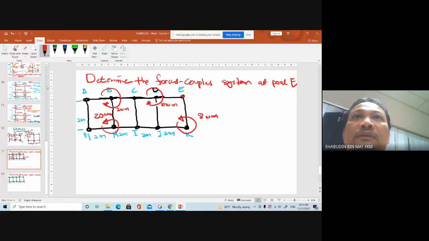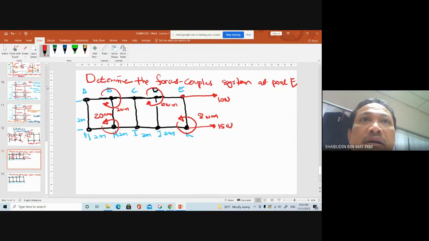And at point E, you apply force, 10 Newton. At point K, you apply a force here also, 15 Newton.